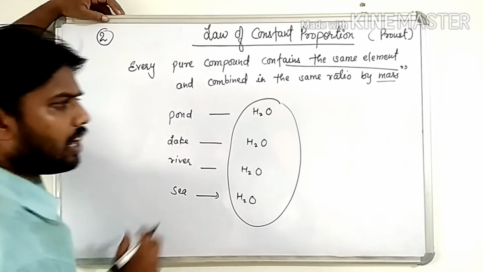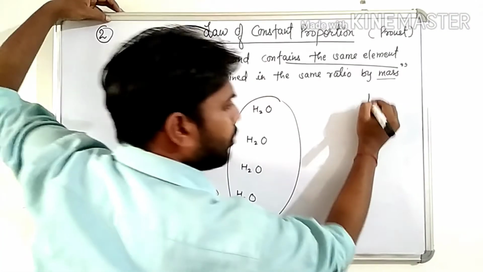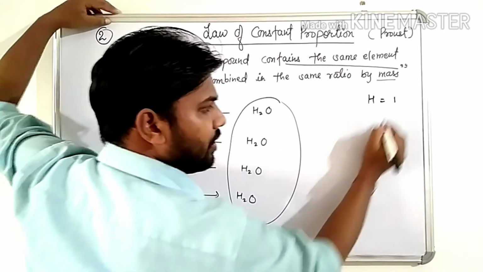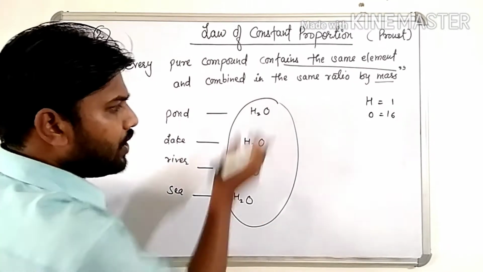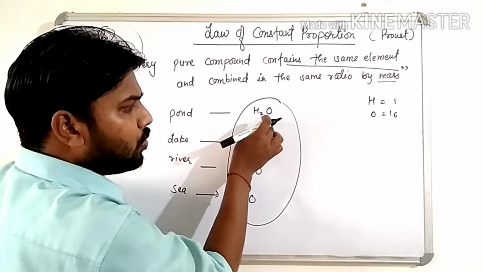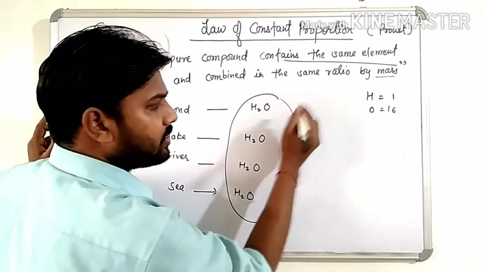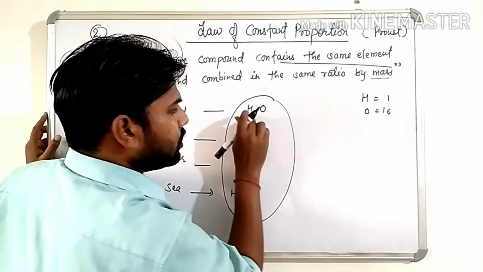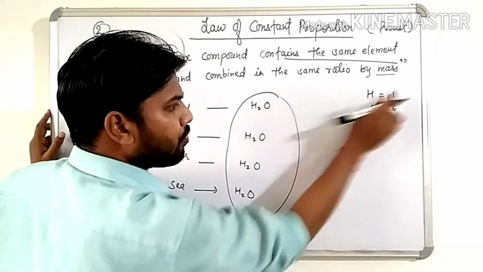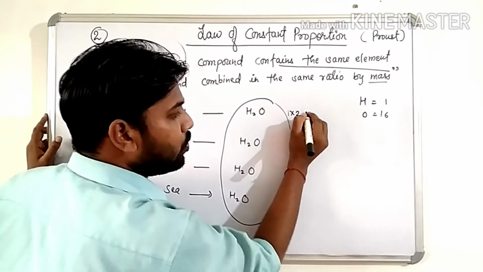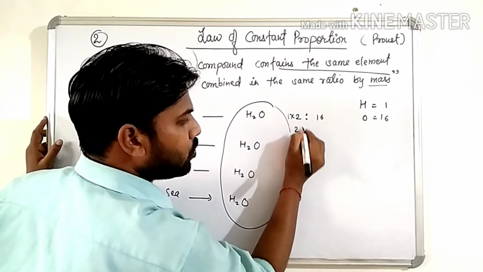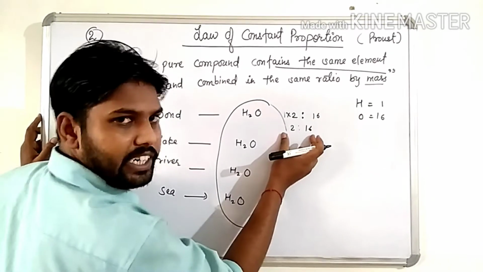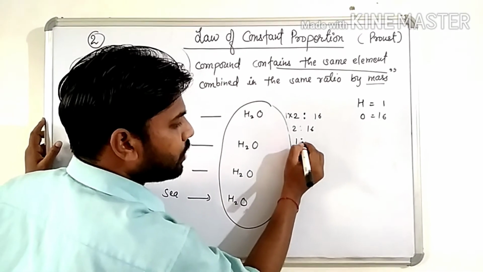Now see, children. The atomic mass of hydrogen is 1 and oxygen is 16. When you calculate the ratio of water by mass, there are 2 hydrogen, so 1 into 2, and oxygen 16, so 2 and 16. Write it in simplest form, 1:8.